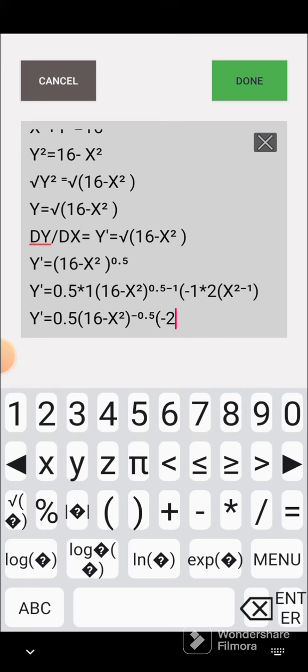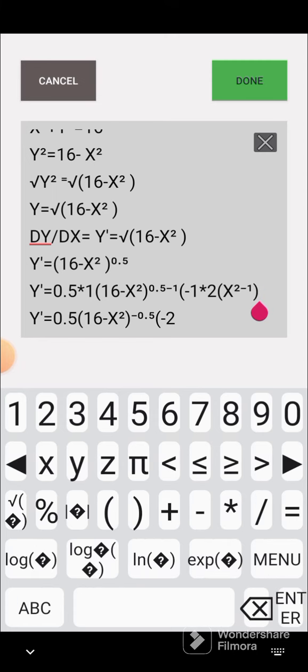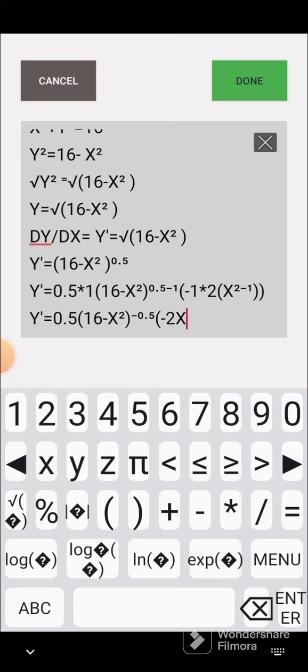Then our x is raised to the power 2 minus 1, so it's 1. Any number raised to the power 1 stands on its own, so since x is raised to the power 1, we don't have to write the power 1. So this is the simplification of this.